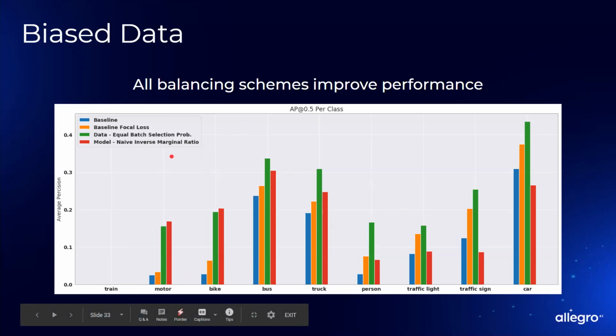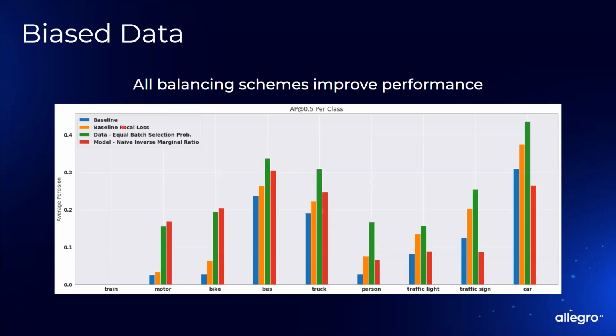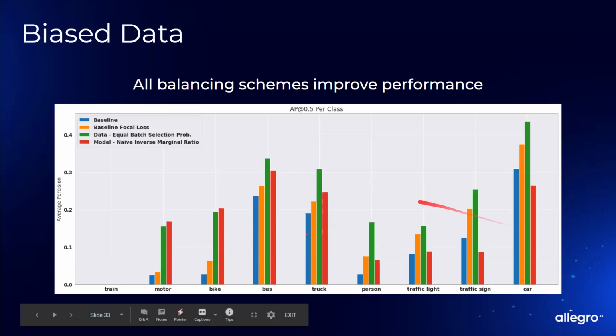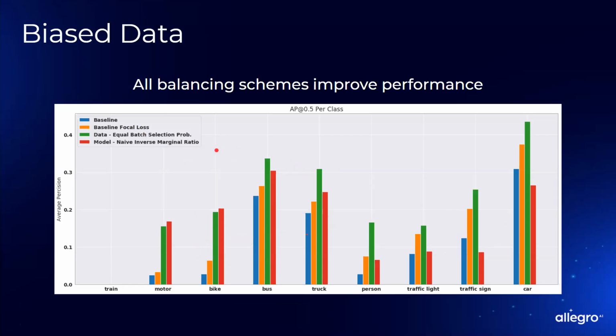So then you can use something called focal loss. You heard about it. That's the kind of model weight change, the loss thing. And it helps, okay? It helps a lot in some cases. Sometimes it doesn't. That's exactly the point that I was making with the rare classes. Then if you do a data set resampling or selection, it helps amazingly.